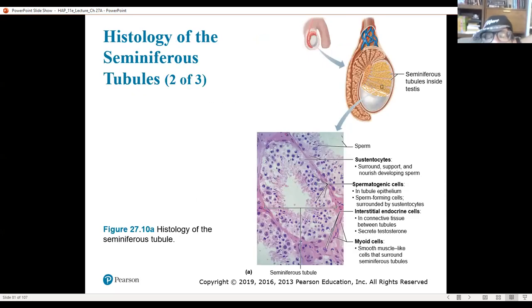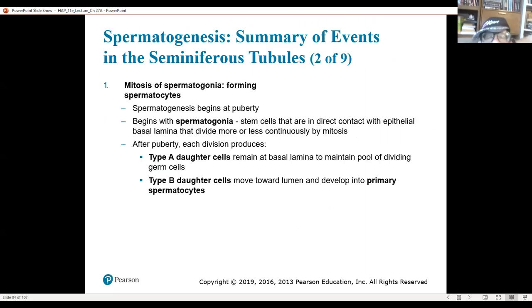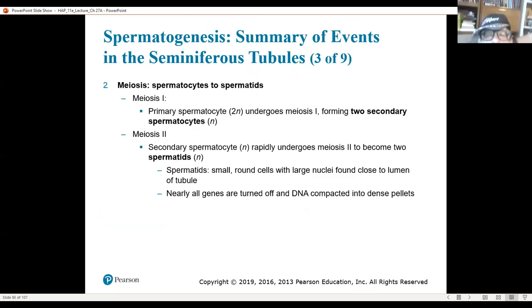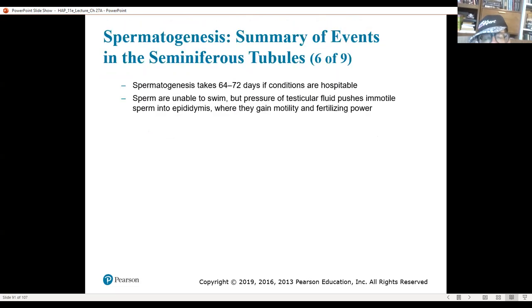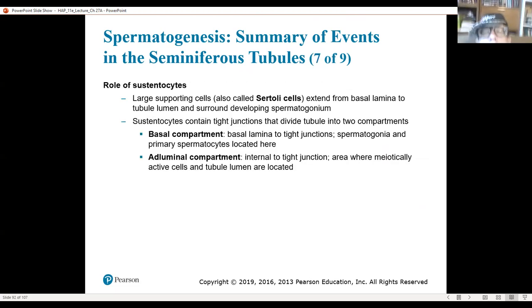Right there, the myoid cells, the muscles, are going to be pushing on the fluid, moving the sperm and the fluid it contains through the seminiferous tubule into the epididymis. And over 20 days, as they grow up in the epididymis, they will gain motility, they'll gain fertilizing power, the ability to cause pregnancy.